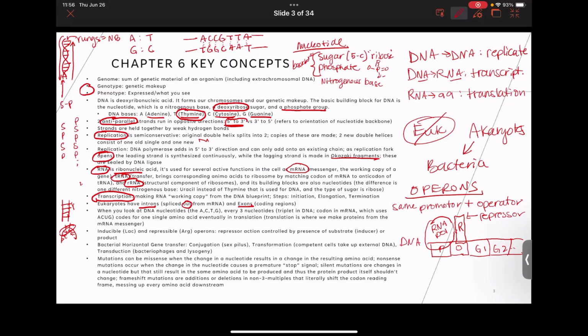So when the repressor binds to the operator, RNA polymerase can't move from that promoter region. It's just blocked. It's a physical blockage. So repressors bind to operators so that the RNA polymerase can't transcribe. That's how all operons work. Whatever kind you are, that's how it works.